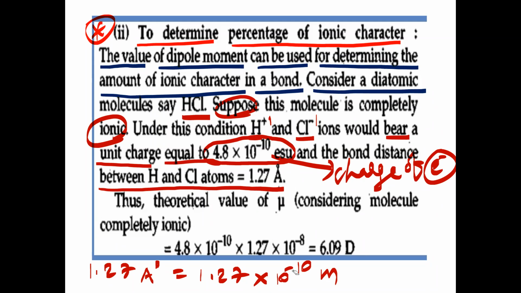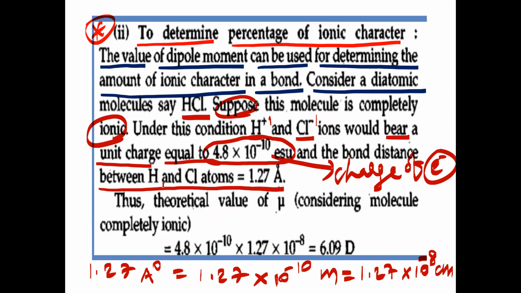So 1.27 angstrom is 1.27 into 10 to the power of minus 10 meters, or in centimeters, 1.27 into 10 power minus 8 centimeters. So this is the conversion of angstrom into centimeters or meters. We have to consider all this in numerical problems.